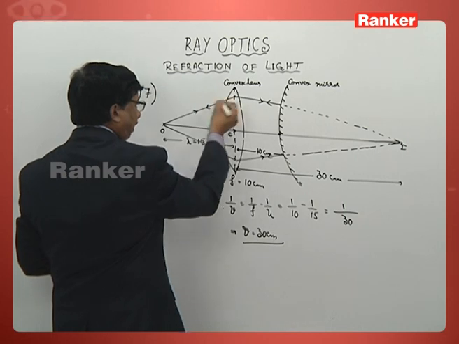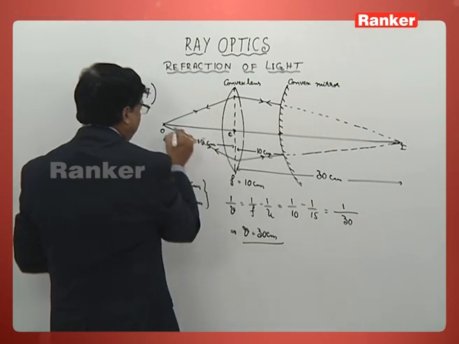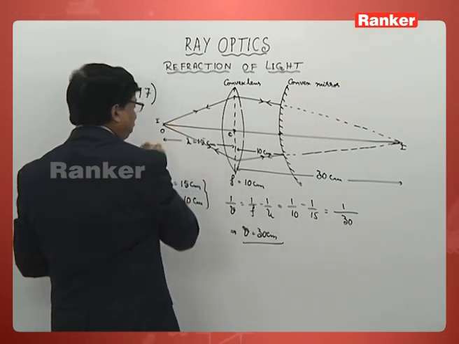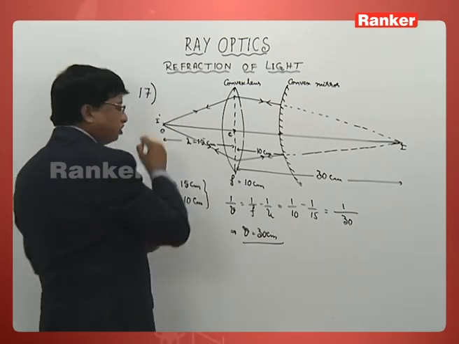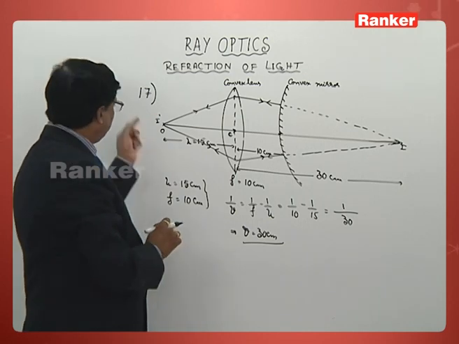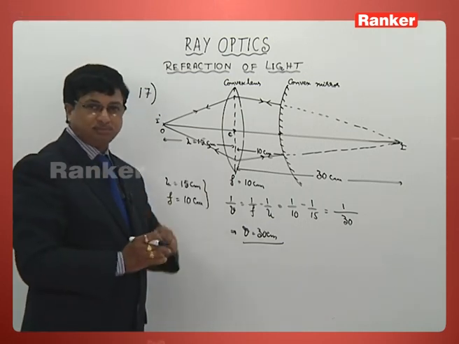It again refracts along the same line. Then finally the image is going to be formed here itself. This is the final image, which is in coincidence with the object.